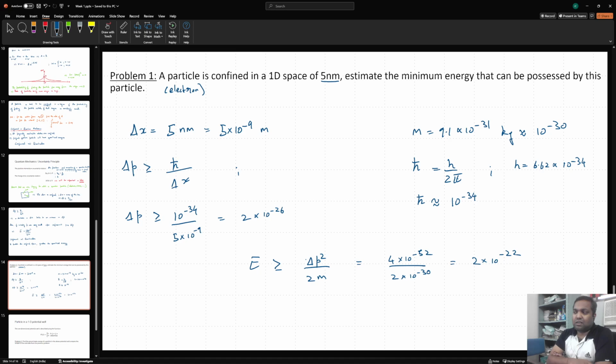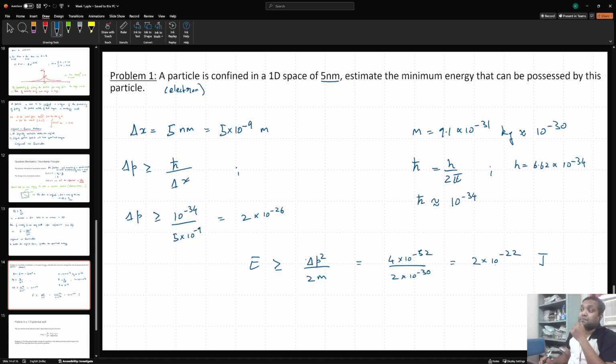Now this may not look like much, and this is in joules, but joules are a very large unit of energy. To talk about 1 joule of energy transfer, I would have to talk about something like heating a few grams of water, and a few grams of water has an enormous number of atoms, on the order of 10 to the power 23.